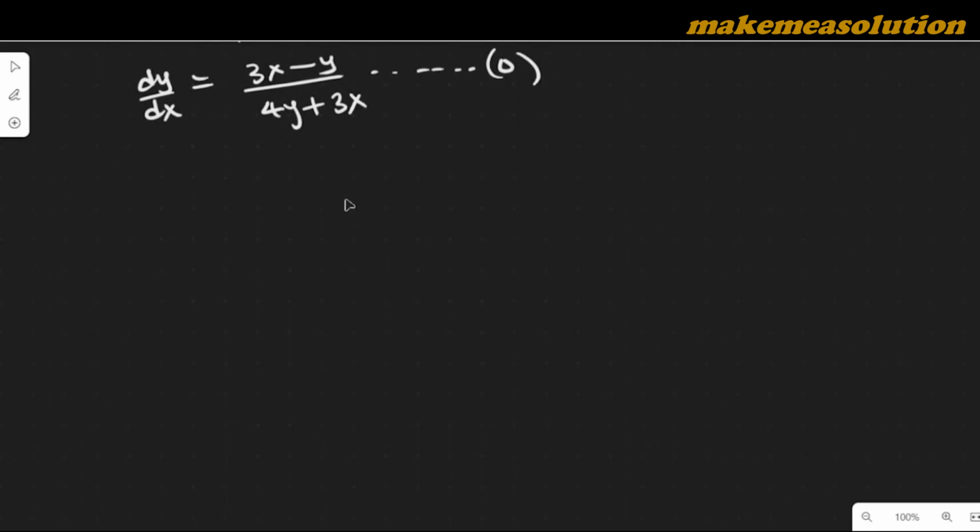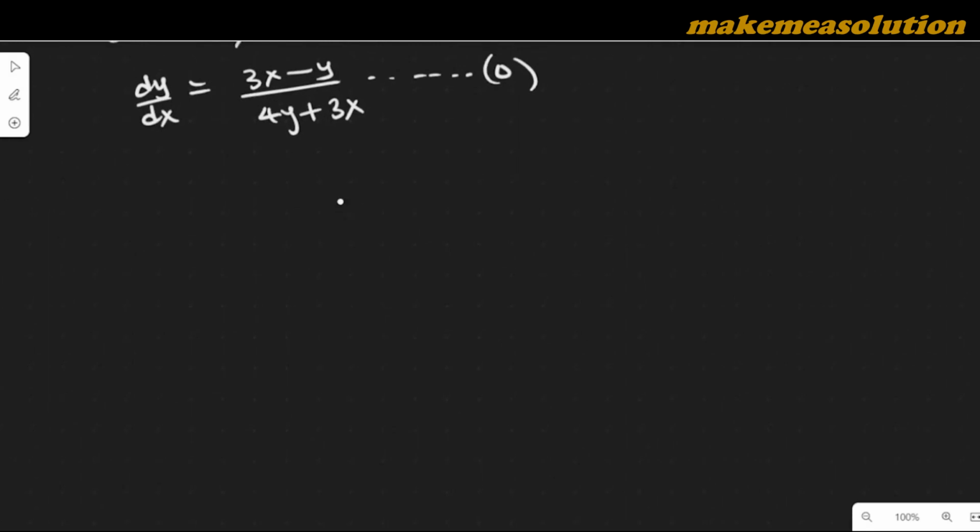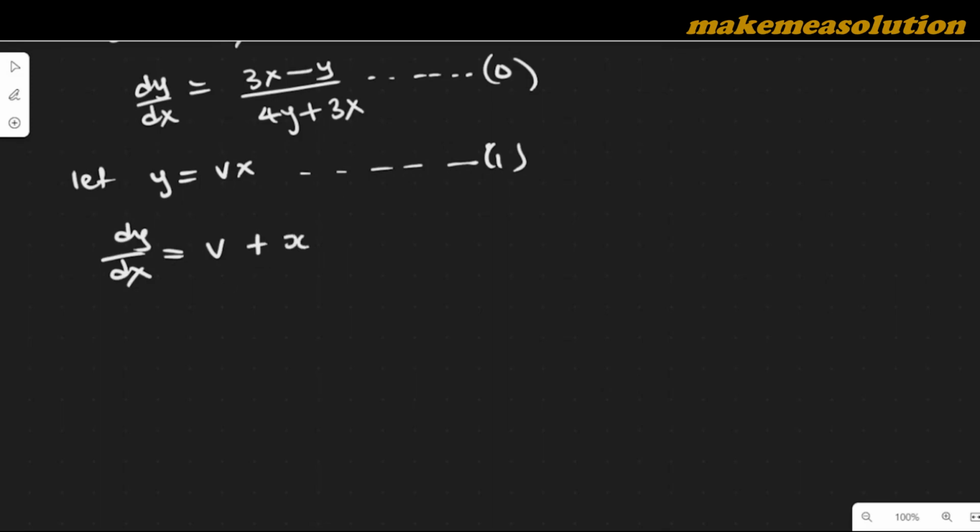So this is our equation 0. Our equation 0, of course, is homogeneous, and the degree of homogeneity is 1. So you can now say let y be equal to vx. This is equation 1, and of course dy/dx is going to be v plus x dv/dx, and this is equation 2.